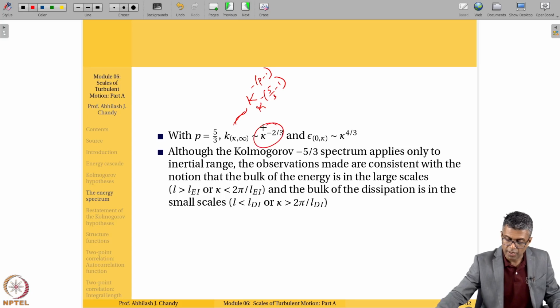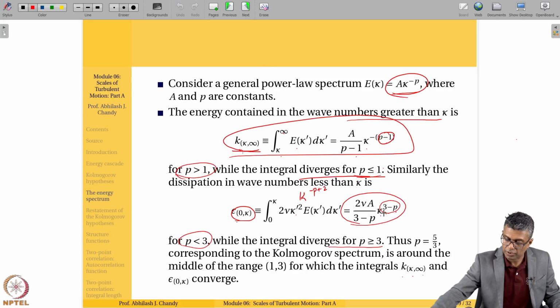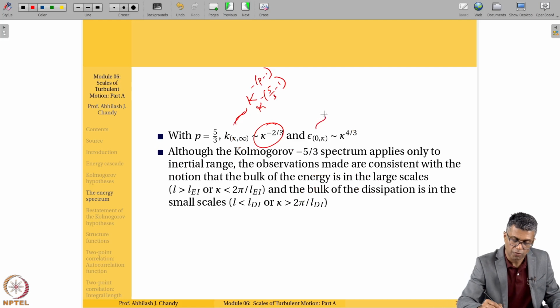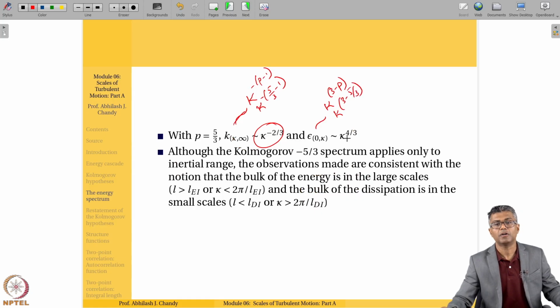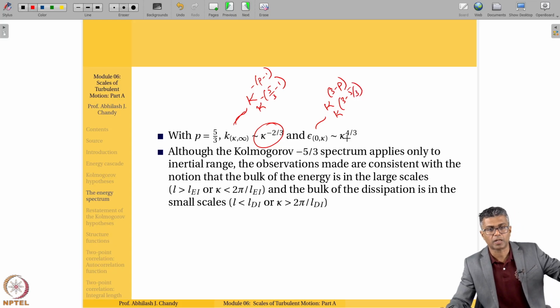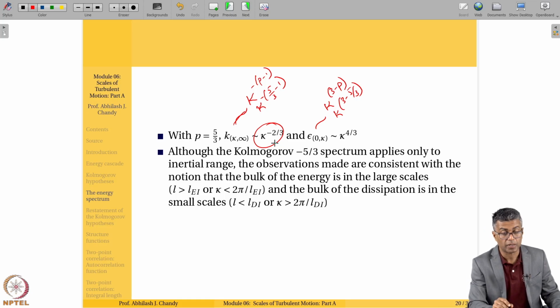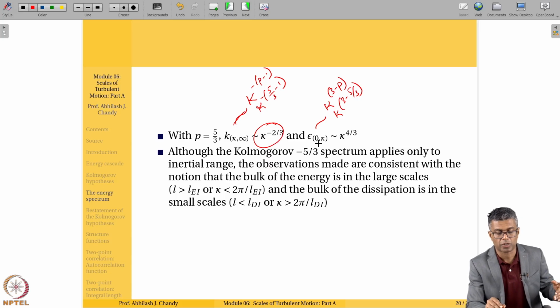On the other hand, dissipation is of the order of kappa to the 3 minus p, so that is kappa to the 3 minus 5/3, which is kappa to the 4/3. So essentially, with p equal to 5/3, the turbulent kinetic energy is of the order of kappa to the minus 2/3, and the dissipation is kappa to the 4/3.